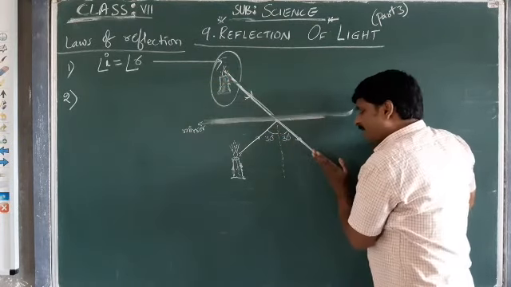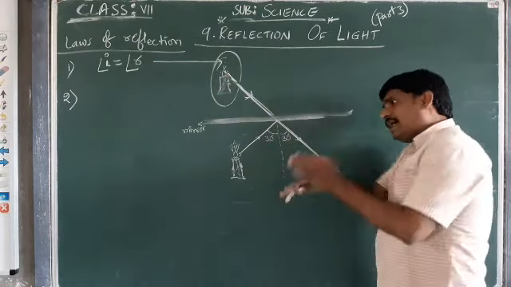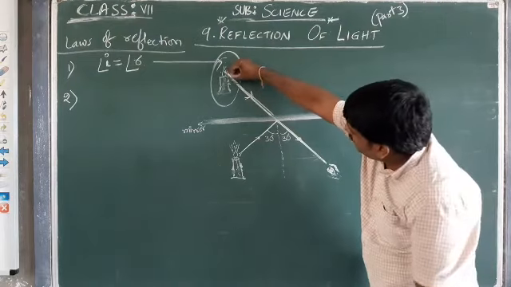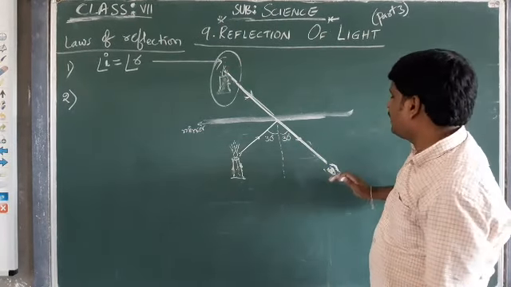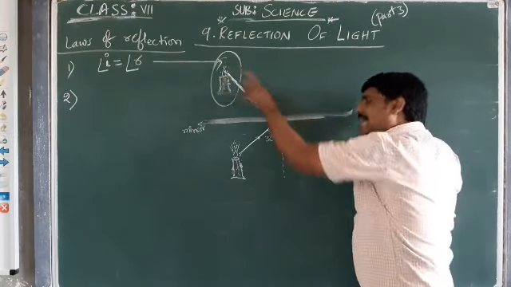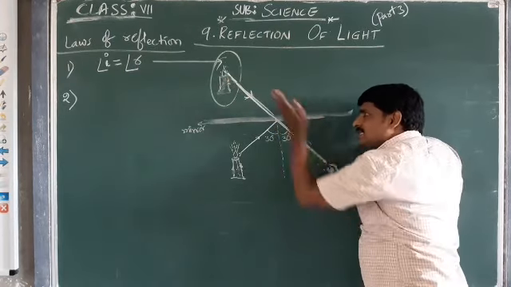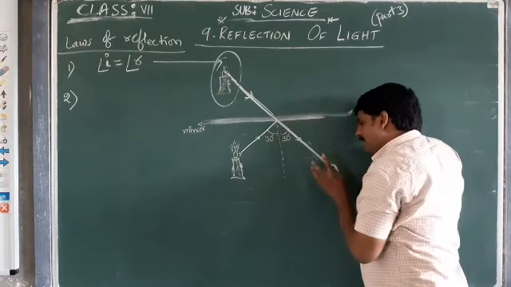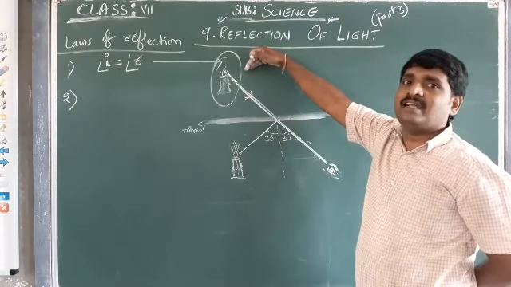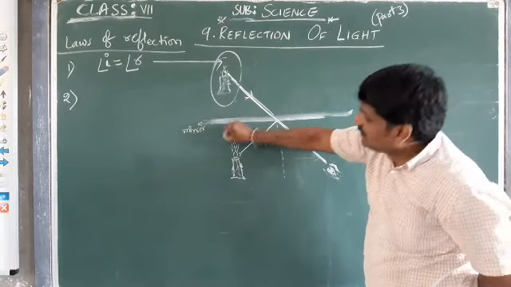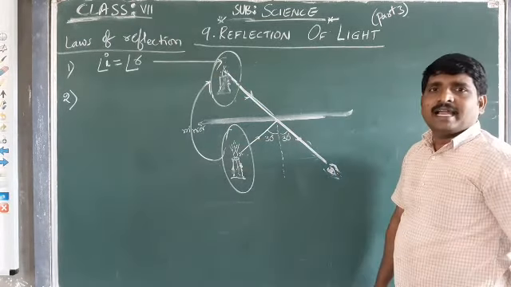As we observe this candle directly, our eye or brain feels that the candle is in a straight path on the other side, that some candle is present at the other side of the mirror. But actually, what is that? It is the image of the original candle.